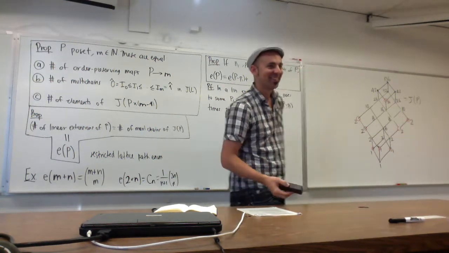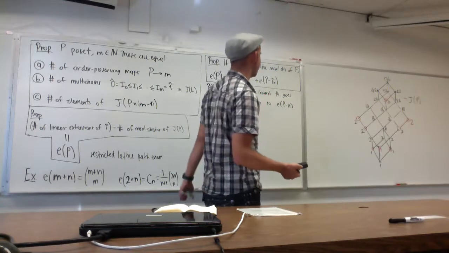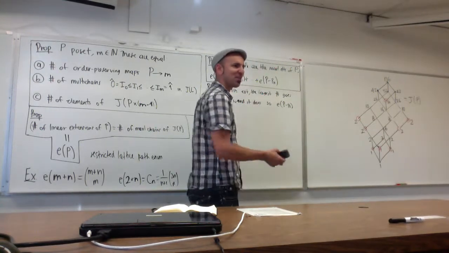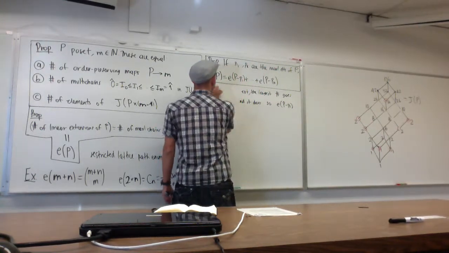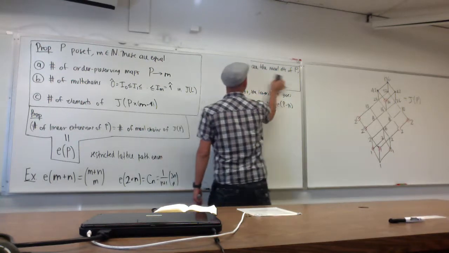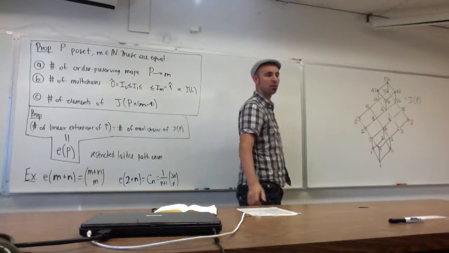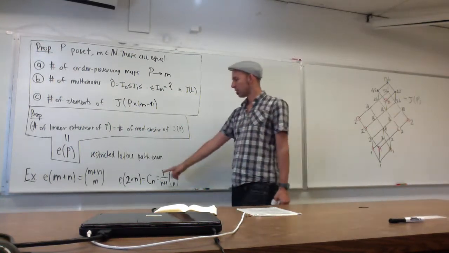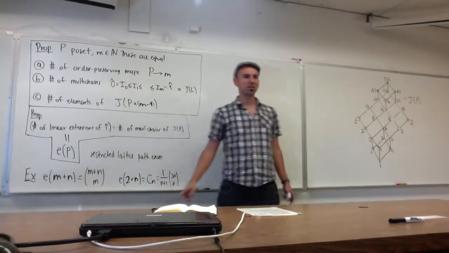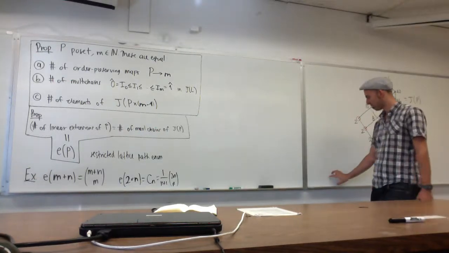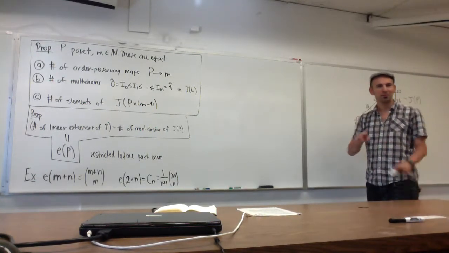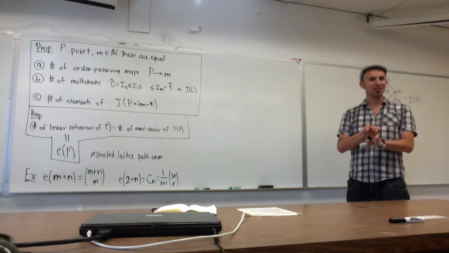Generalized Pascal's distributive lattice. No, I don't know that there's a good name for it. Is the poset 2 cross n like a ladder? 2 times n, I just erased it. Oh yeah, a ladder. But a ladder, not a staircase.